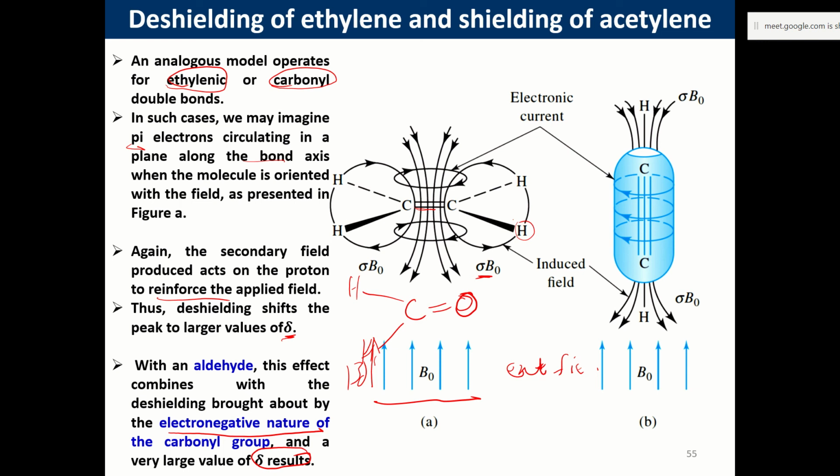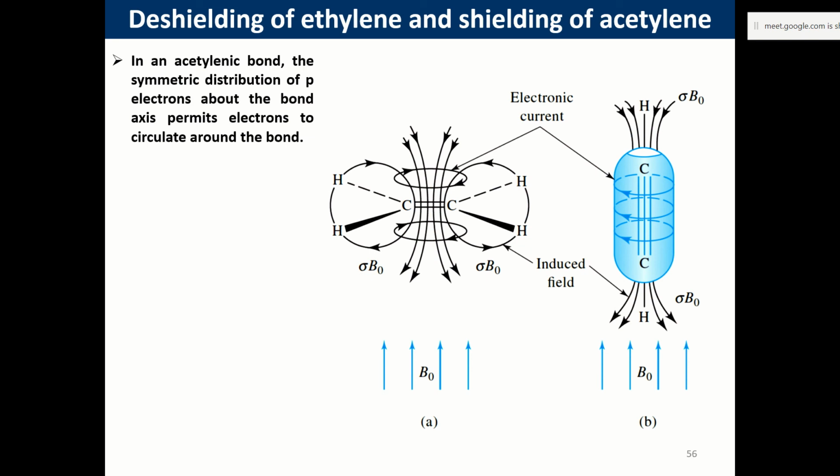You are noting one point: in the C double bond C case you have a node, but here in the acetylenic triple bond, there is a symmetric distribution of pi electrons.